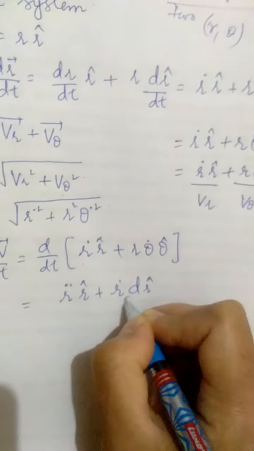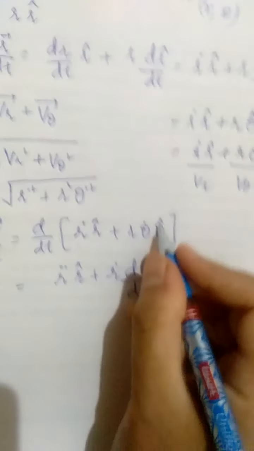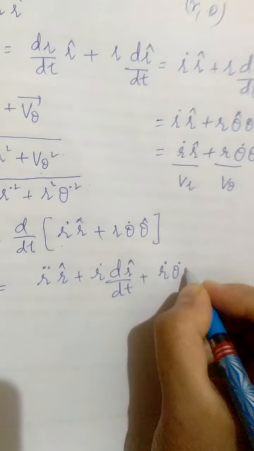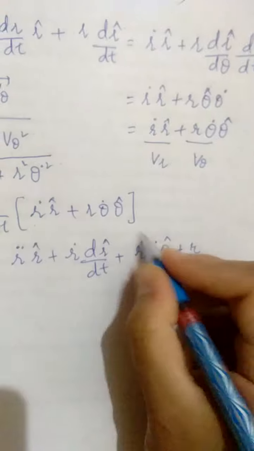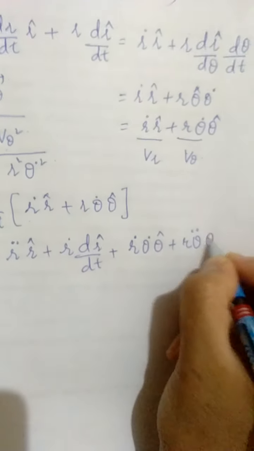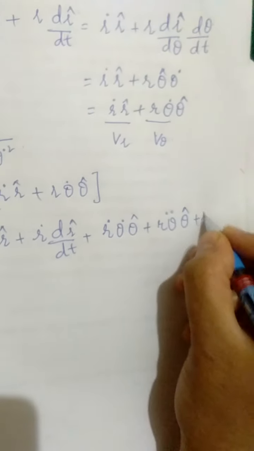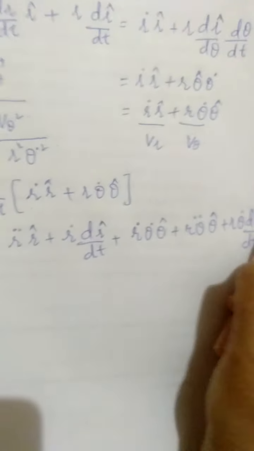Differentiation of r cap. Similarly, we can choose to differentiate these three terms one by one. Differentiation of r is r dot, theta dot will remain as such, theta cap will remain as such, then r will remain as such. Differentiation of theta dot is theta double dot, then you have theta cap, and then another term is r theta dot d theta cap by dt, right?